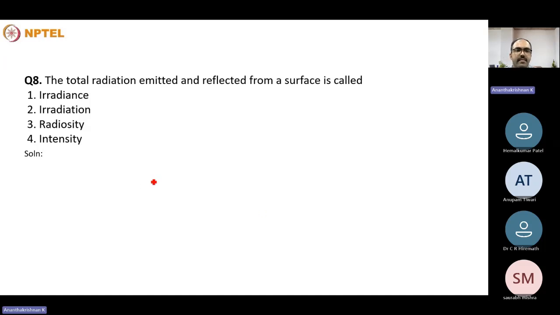The total radiation emitted and reflected from a surface is called irradiance, irradiation, radiosity, intensity. So it's a straightforward one. It's radiosity. It's a combination of the emitted and the reflected radiation. Before that, we have to individually look into the terms. What all are they dealing with?